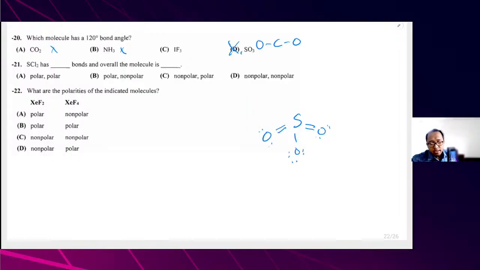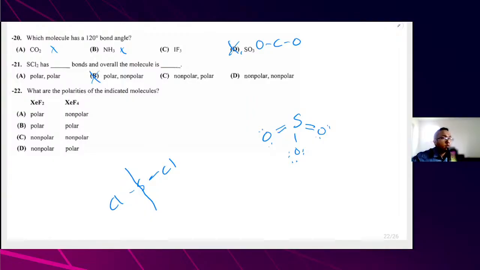Okay, now SCl2 has, and overall the molecule is SCl. SCl has polar bonds, okay, and overall, because it is symmetric, right? So it cancels out the overall molecule's dipole moment, okay, is non-polar, polar and non-polar. Where is the polar and non-polar?